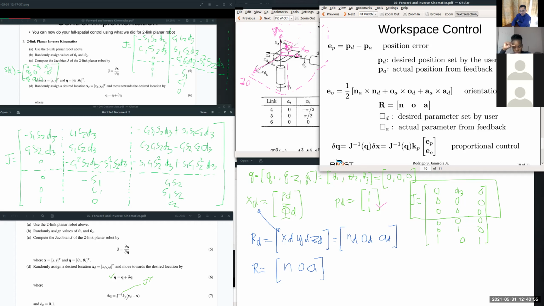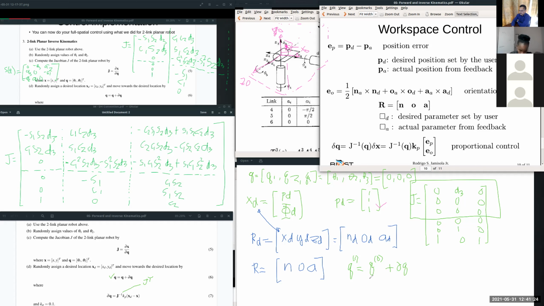And then your KP is, we need to know your initial value is this one. So we want to compute the new Q, given your Q at the 0th step, plus the delta of the Q, where the delta of the Q is computed using the Jacobian transpose.